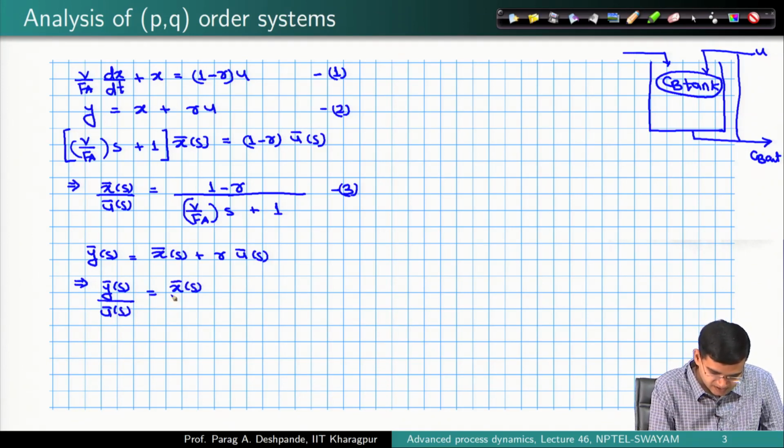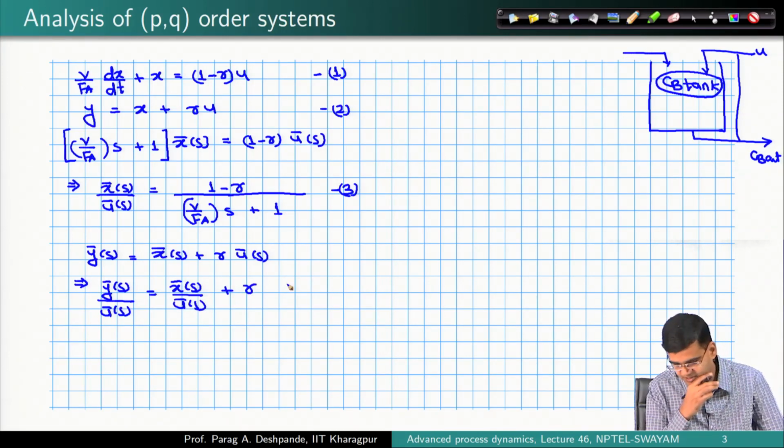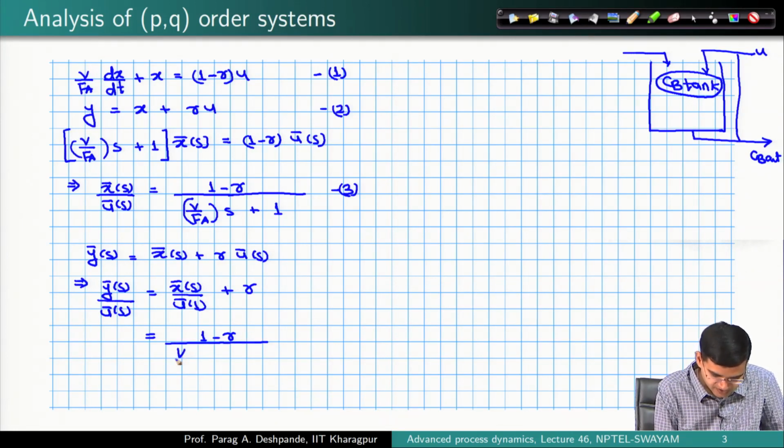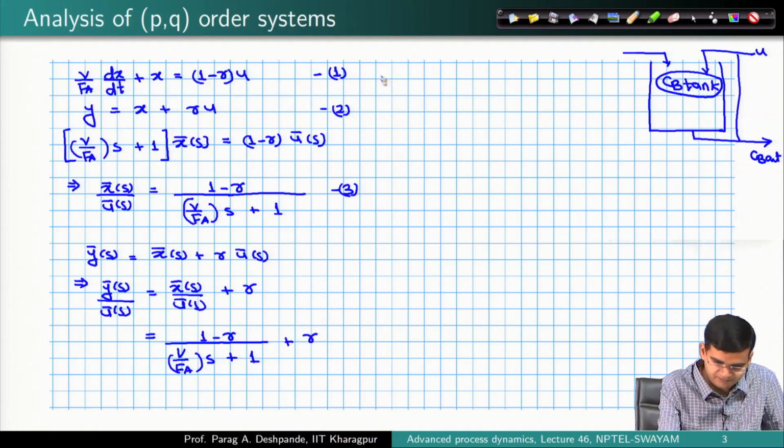bar of s upon u bar of s plus r, and from equation number 3 I can write x bar of s upon u bar of s as 1 minus r upon v by f a s plus 1, plus r, right, and this is equal to what?